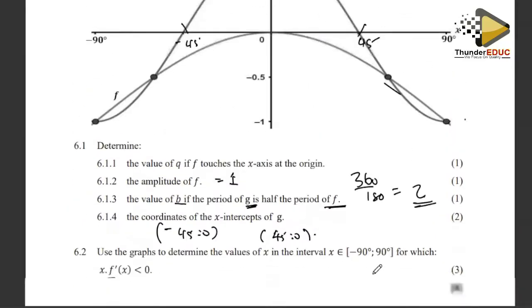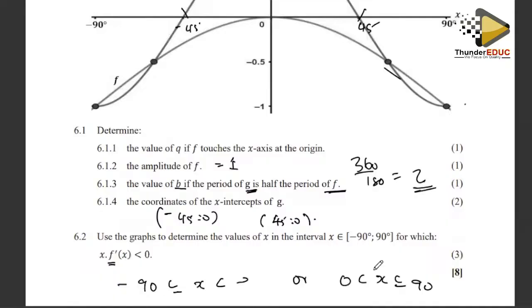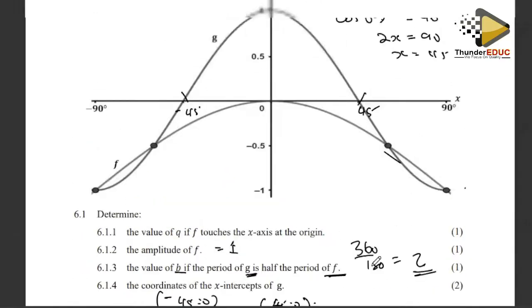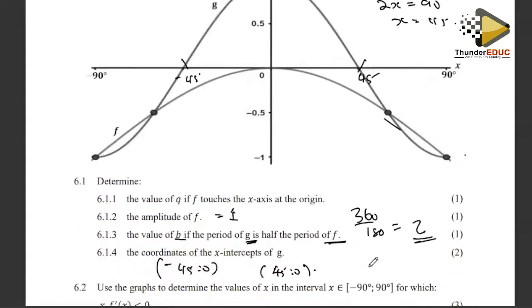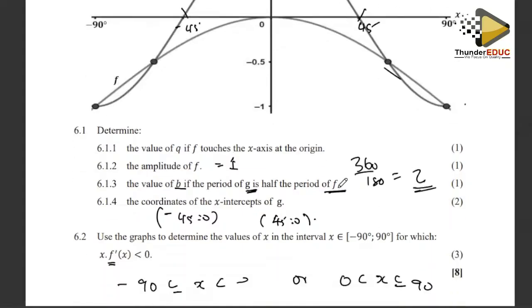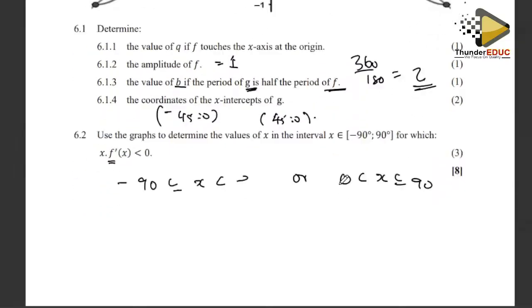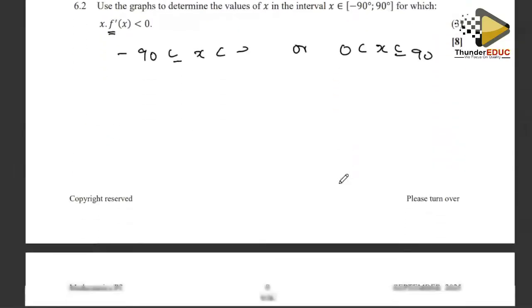As x is negative, the gradient is positive for f, which is on this side. And then when f is positive, the other one must be negative. So that is either side of the domain.